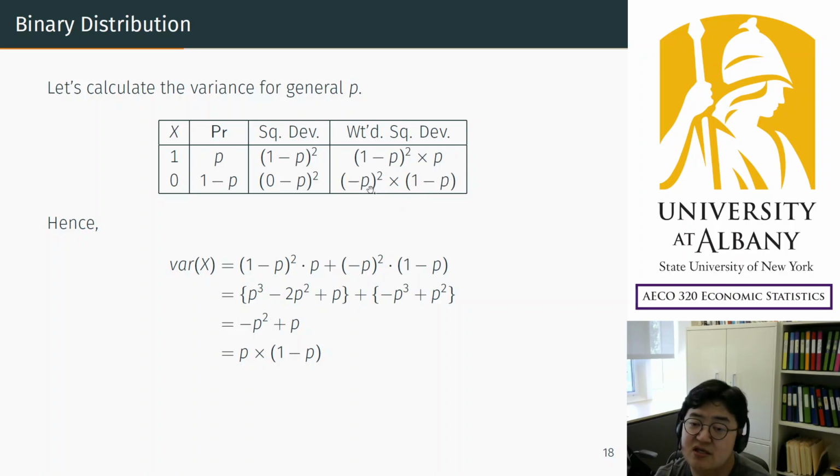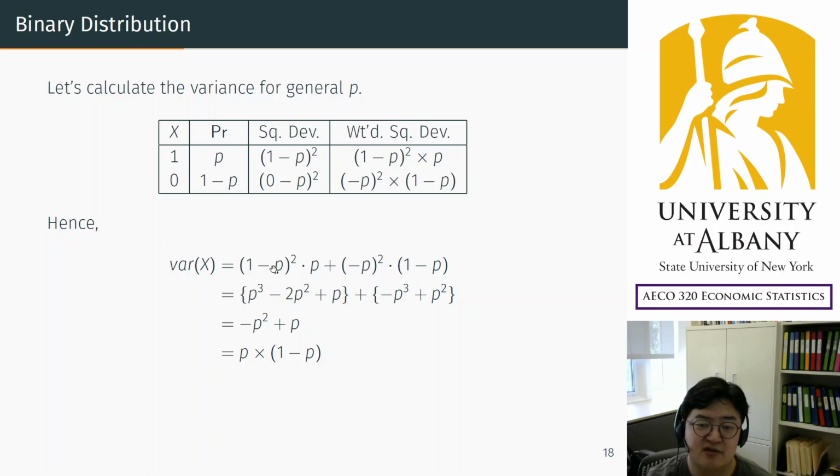Probability times squared deviation. If you sum these two numbers, you are going to get the variance. The variance is sum of these two numbers. So now expand these terms, the quadratic functions, which is straightforward.